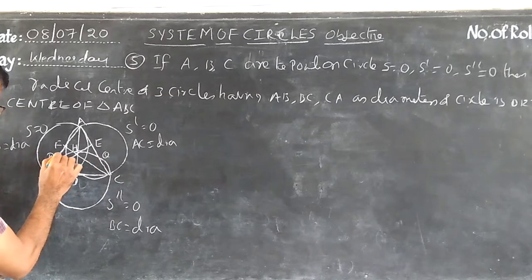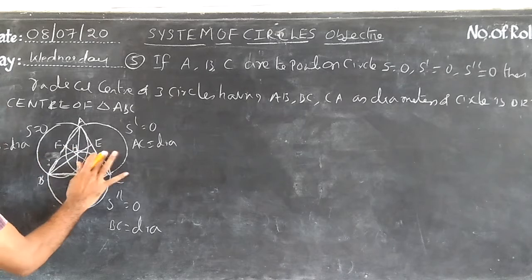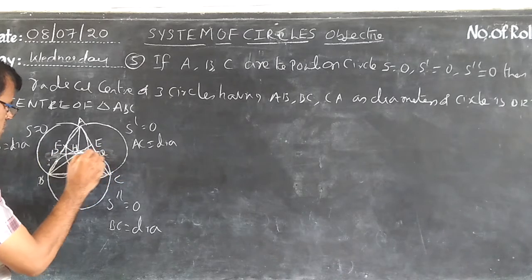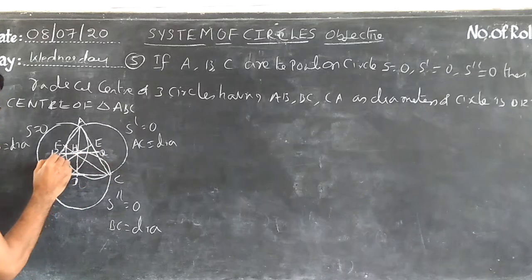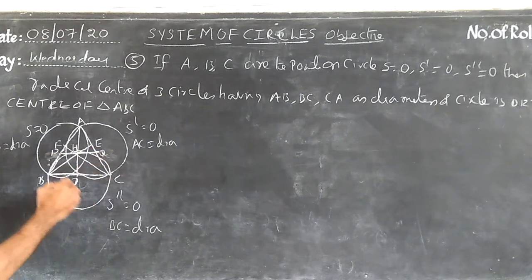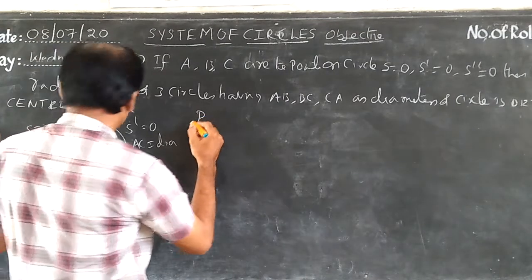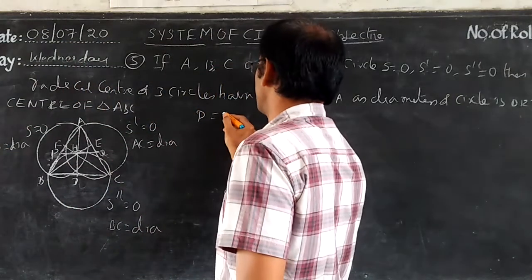I am writing this: PQ is the line joining the centers. P is the center of the first circle S equal to 0, and Q is the center of the second circle S dash equal to 0.